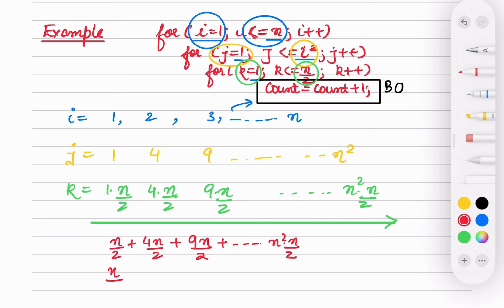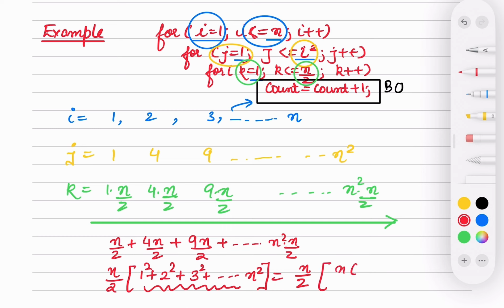If you take n by 2 common from this, you get 1 square, 2 square, 3 square, and so on up to n square. And this is nothing but the sum of squares of n natural numbers, which I remember as n times n plus 1 times 2n plus 1 divided by 6.